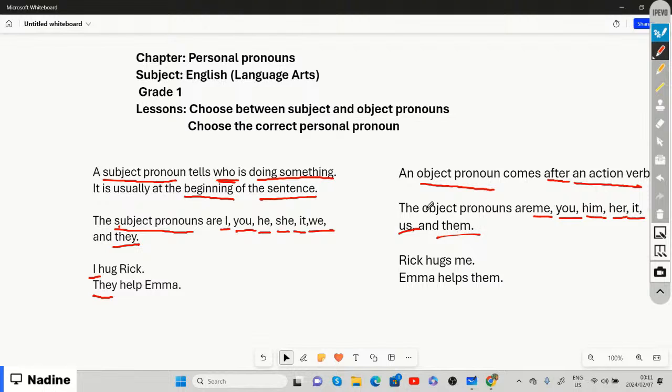So we said object pronouns are me, you, him, her, it, us, and them. And an object pronoun, like we said, comes after an action verb.